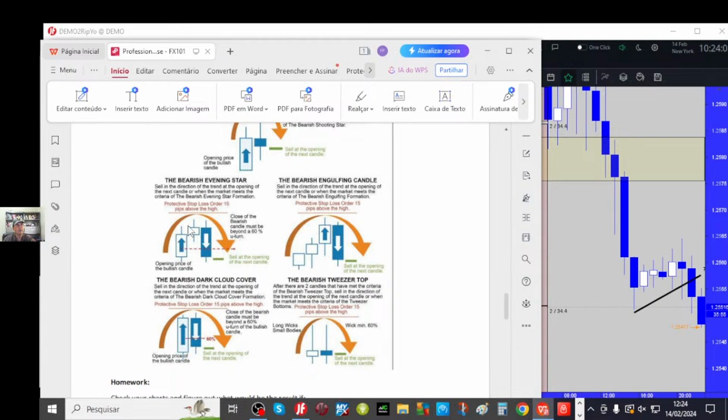But if I would say, is this a bearish engulf? Maybe not. Dark cloud, maybe not too. Tweezer tops, no. I would say this is a bearish evening star, right? Because it's bullish body, small decision, bullish body. Now here it's bearish, but small decision, kind of a doji, and then it reverses and goes down.